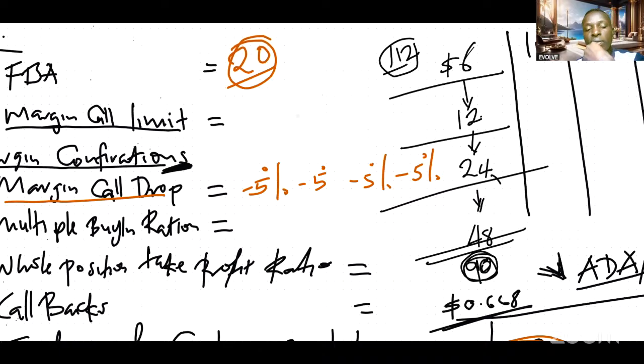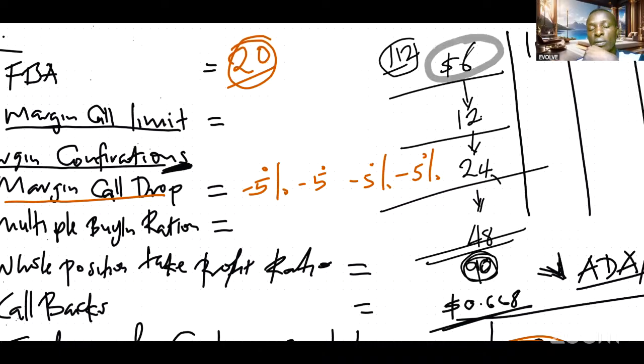No, Sadiq. Bogere is right. The first buying amount is 1. This one here is the first buying amount. $6 is first buying amount. The remaining are the ones that are going to be margin calls.